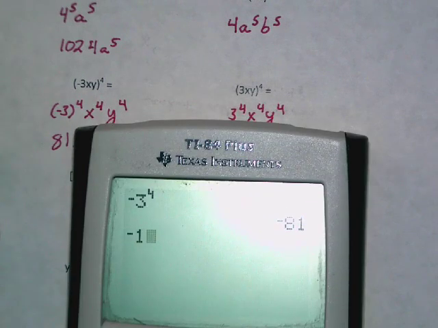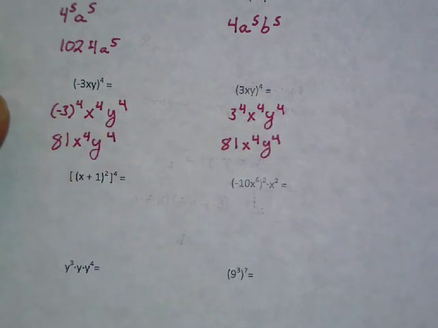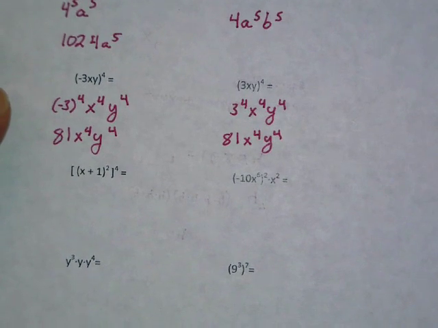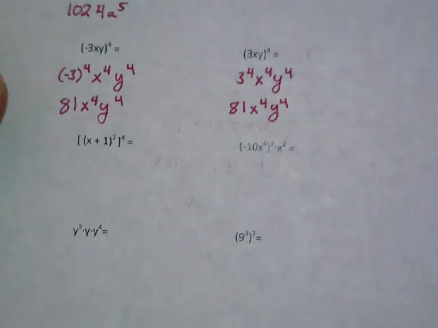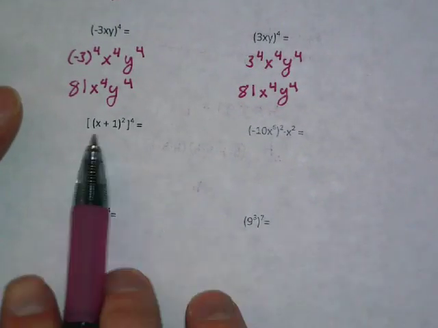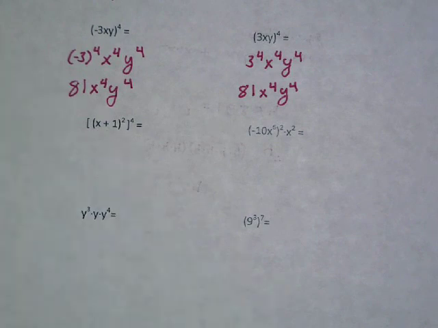It's not. It should be positive 81, which we got over here. The reason why is when you don't put that negative in parentheses, the calculator reads that as this, -1 times 3 to the 4th. It's only raising the 3 to the 4th. It's not raising the negative. So that's why anytime you got a negative, make sure you put it in parentheses. And it's a good habit even with other things besides exponents, just to put it in parentheses.